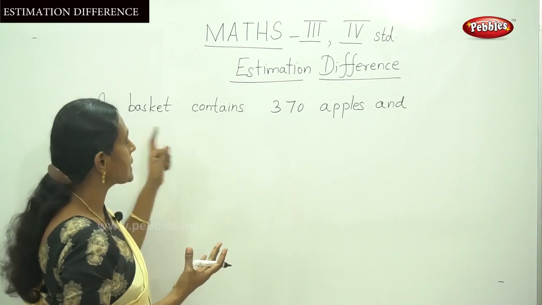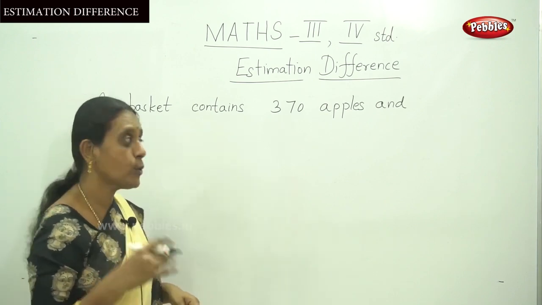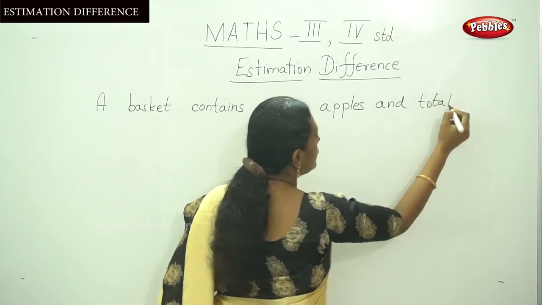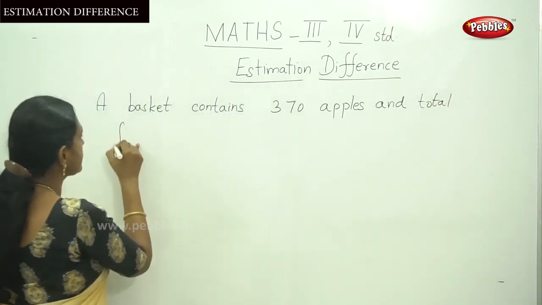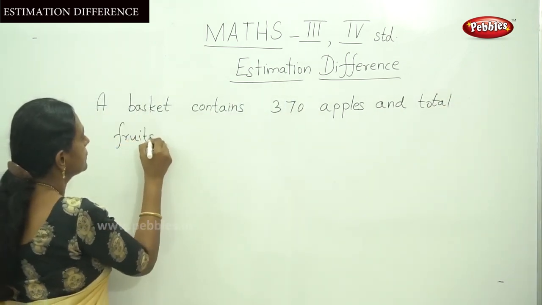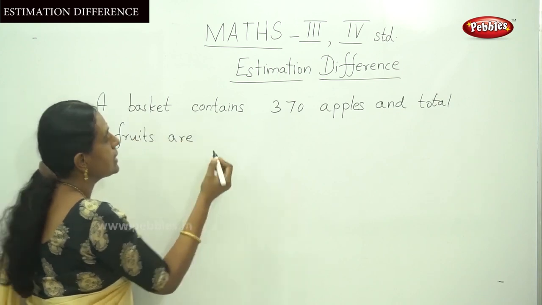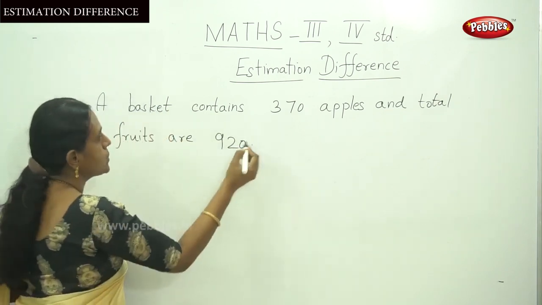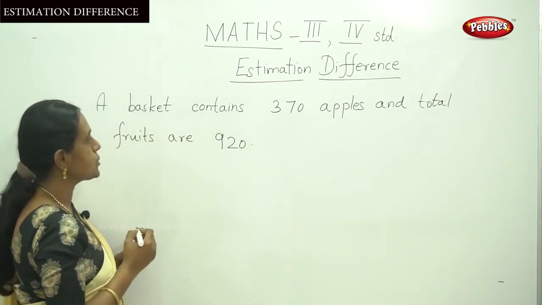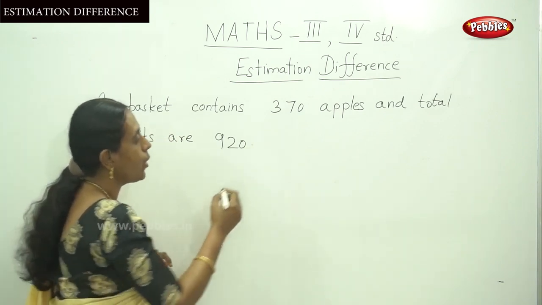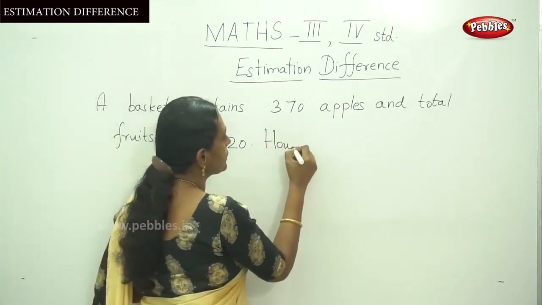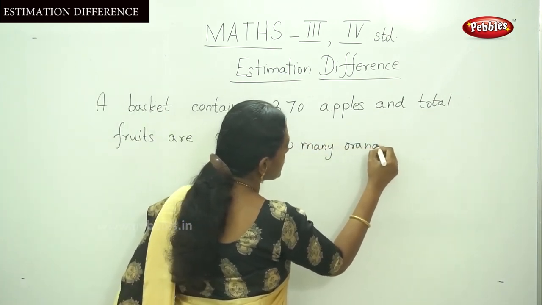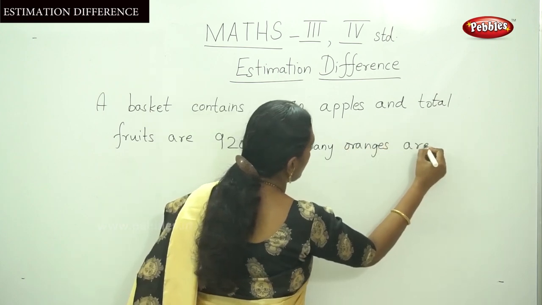A basket contains 370 apples and total fruits are 920. How many oranges are there?